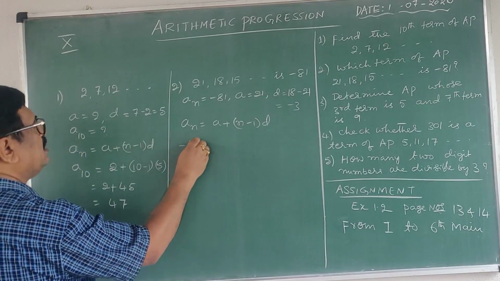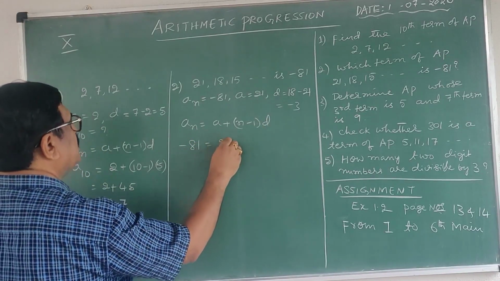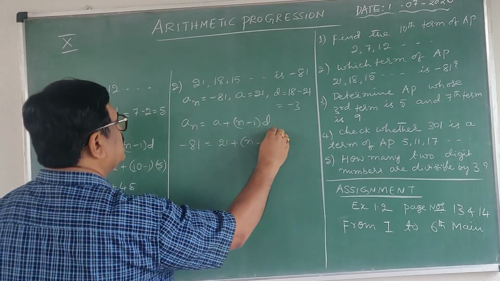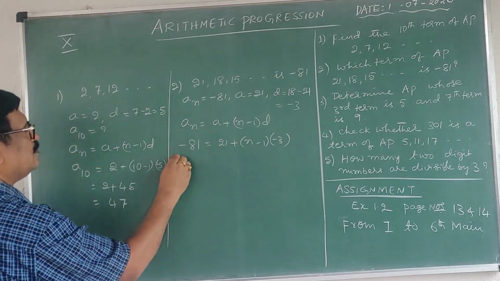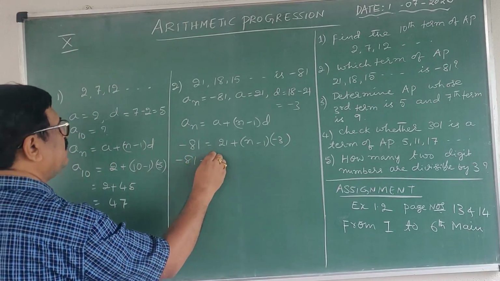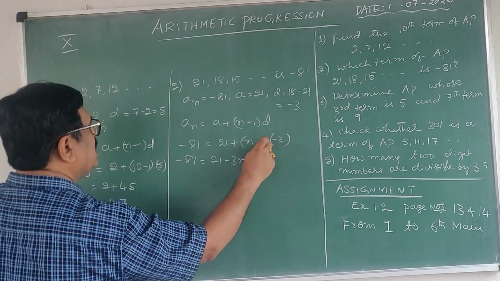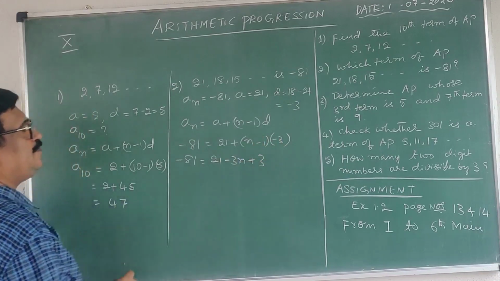a_n is minus 81 equals 21 plus (n, which is not known) into common difference, which is minus 3. So minus 81 equals 21 minus 3 into n, minus 3n, minus 3 into minus 1, plus 3.